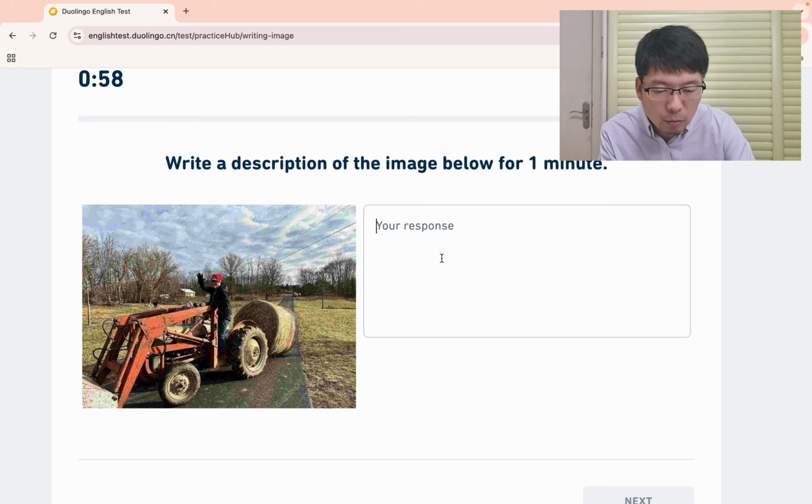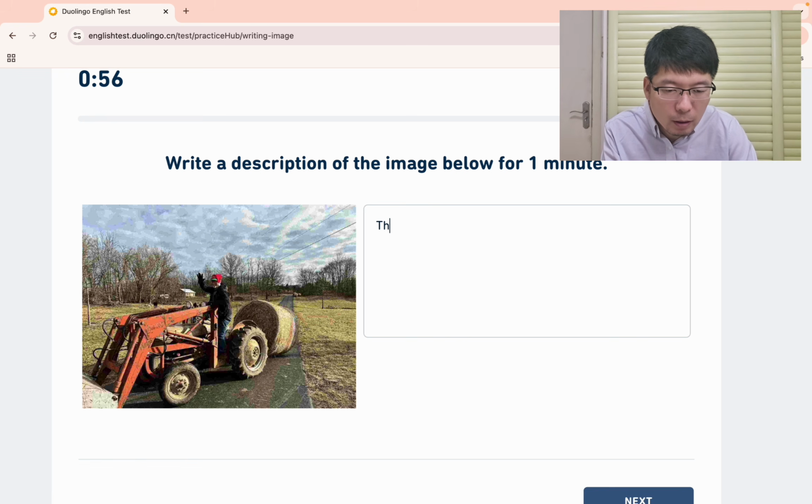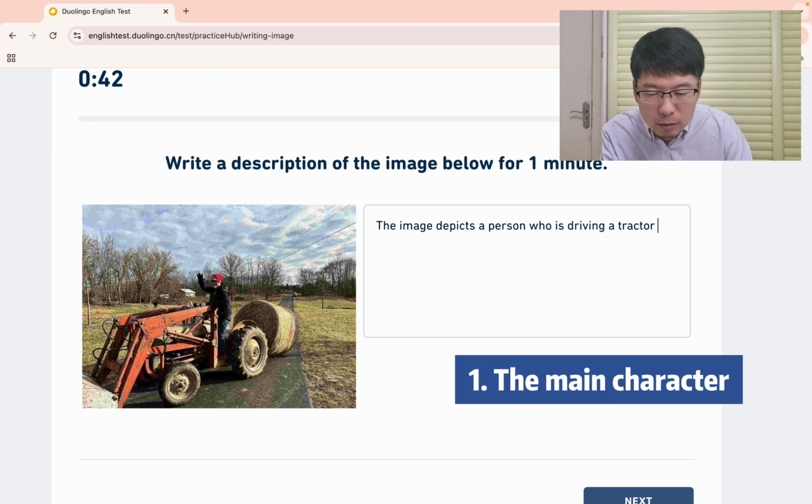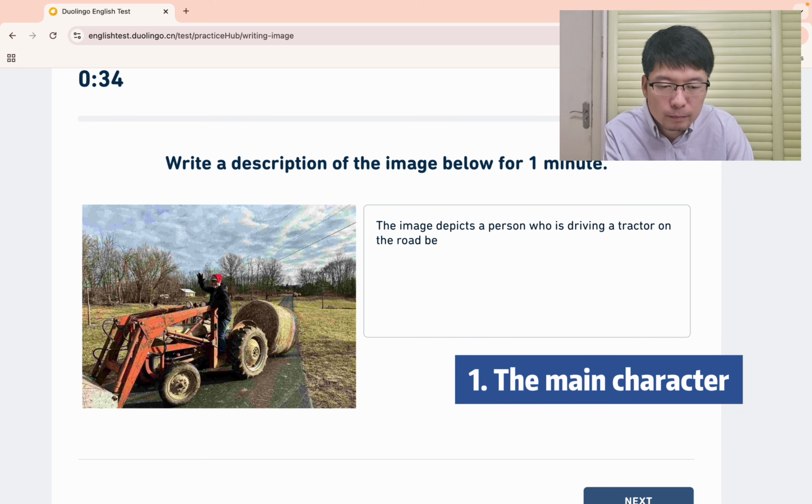So we can say: the image depicts a person who is driving a tractor on the road between farms.